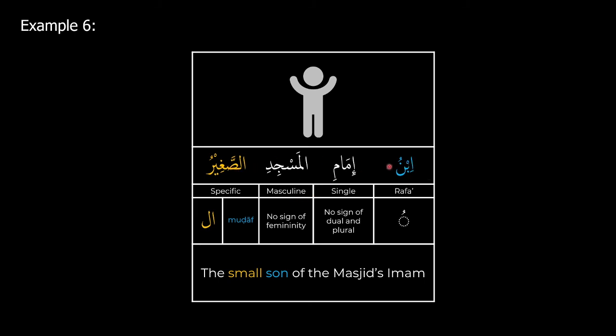And we know they're both singular because there's no sign of dual or plural. And we know they're both rafa because of the dhamma at the end. So even though there's imami and al-masjidi in the middle of the mawsuf and the sifa, this is still a descriptive fragment. So here we have ibnu imami, mudaf ilayh, and then imam al-masjidi, again mudaf ilayh, and then ibnu as-saghiru is gonna be our mawsuf sifa. So this will translate to the small son of the masjid's imam.